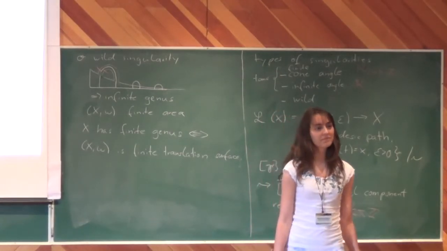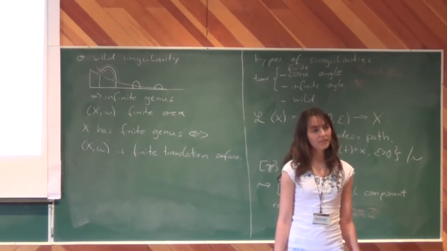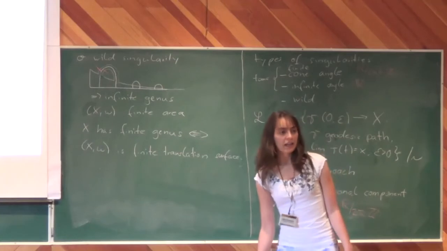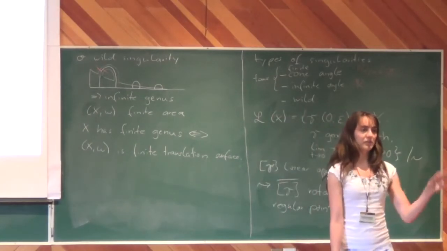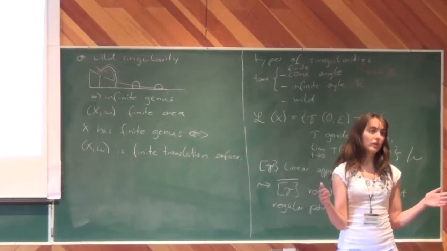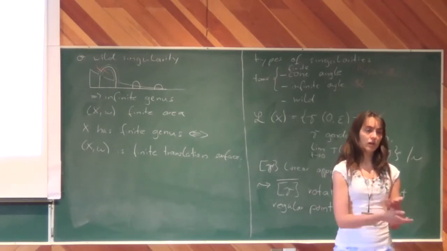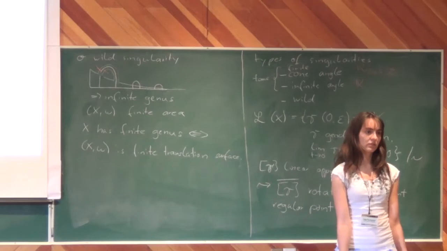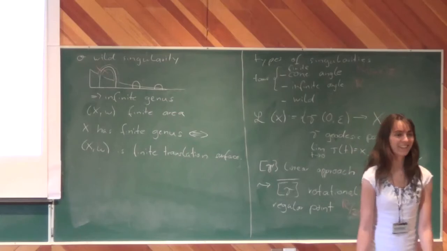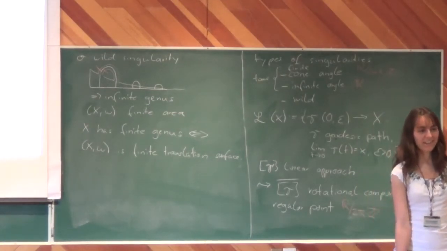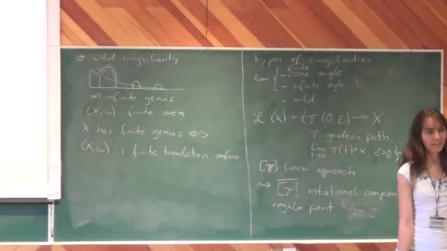Questions? In all the examples that you showed, the rotational components compared to the actual linear approaches were not significantly different. They were just closures of intervals or isolated points. Yeah, they are one-manifolds with translation structure. So you know the rotational components have to be S^1 or R. So you can't have, for example, a rotational component that accumulates significantly more directions than the linear approaches.